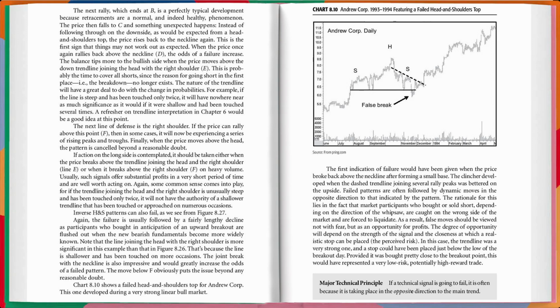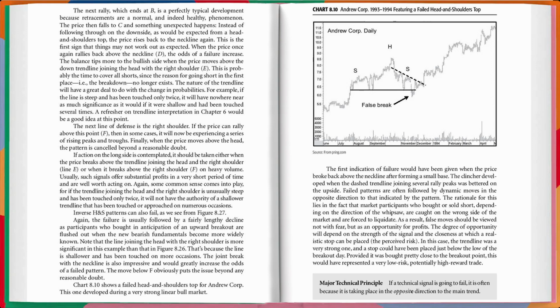The next line of defense is the right shoulder. If the price can rally above this point F, then in some cases, it will now be experiencing a series of rising peaks and troughs. Finally, when the price moves above the head, the pattern is canceled beyond a reasonable doubt. If action on the long side is contemplated, it should be taken either when the price breaks above the trend line joining the head and the right shoulder line E, or when it breaks above the right shoulder F on heavy volume.